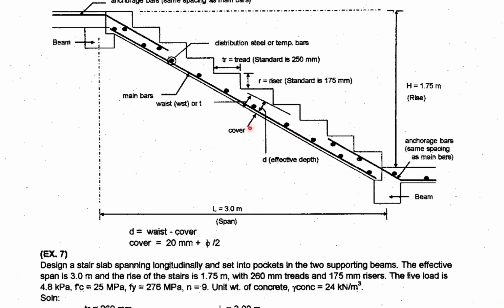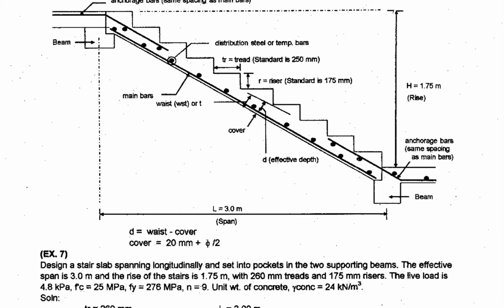And then for the cover, this one, it is measured from the bottom of your stairs up to the middle or the mid center, or that is the center of your reinforcing bars. Okay, therefore your cover, normally standard cover is 20.